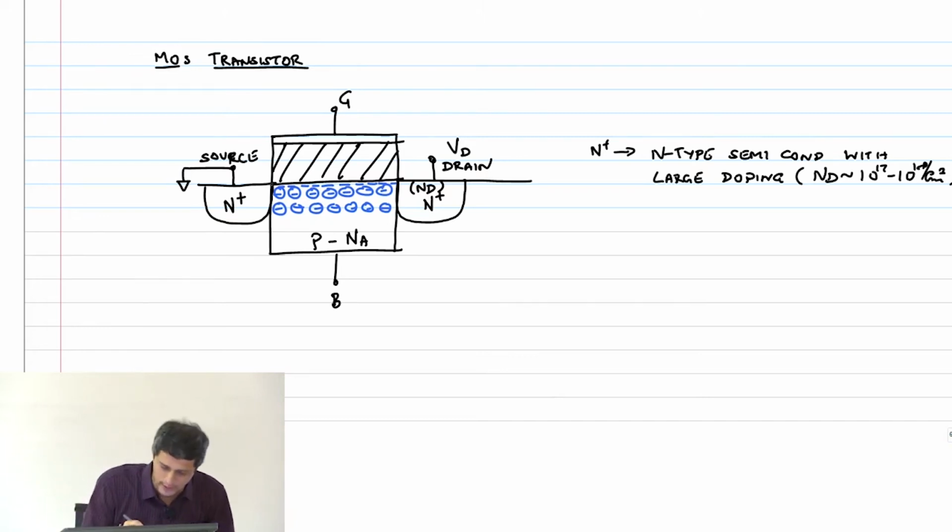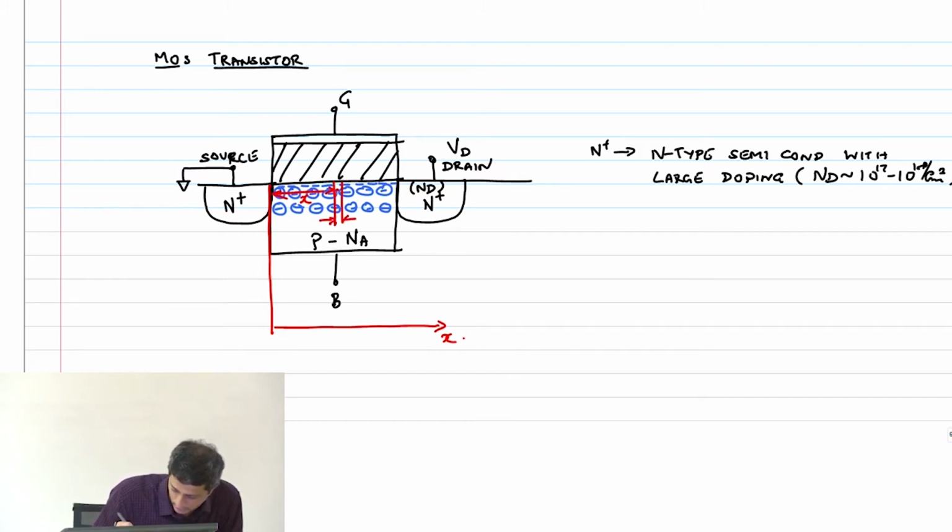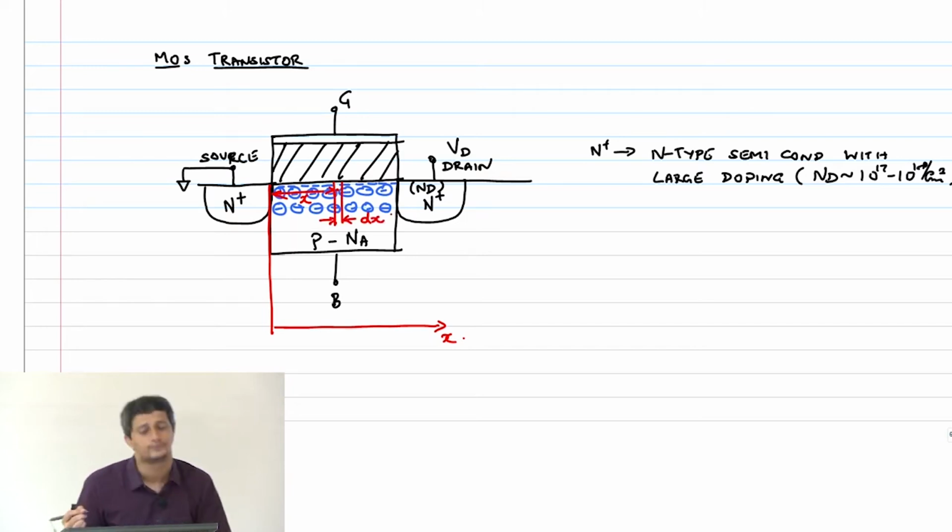So if you look at the way this is happening, I have this going as X, and I have a potential in my channel at a distance X. I'll consider a small portion dx here. So what is the potential here?